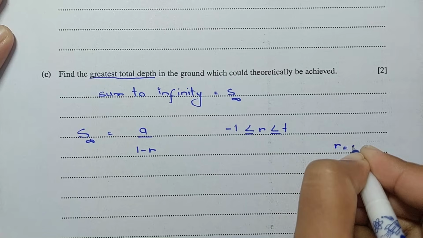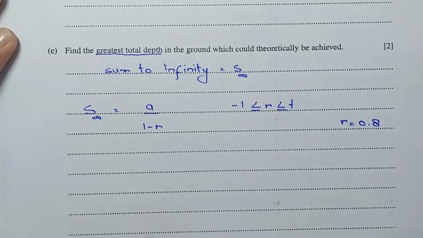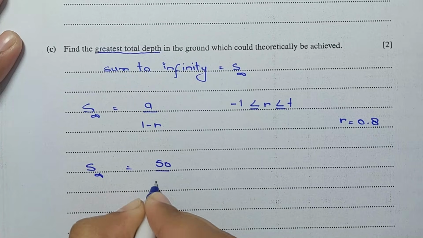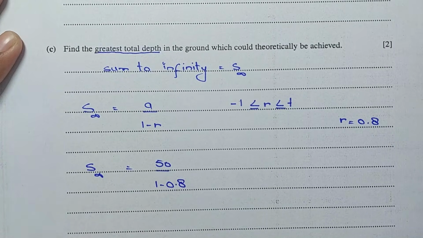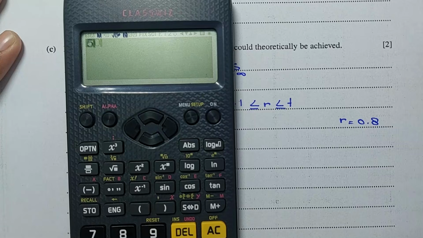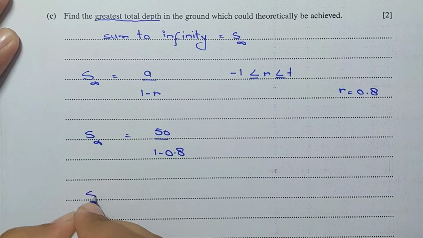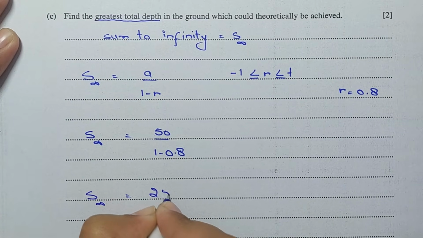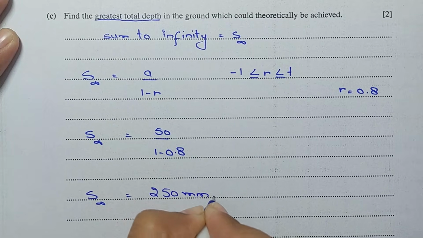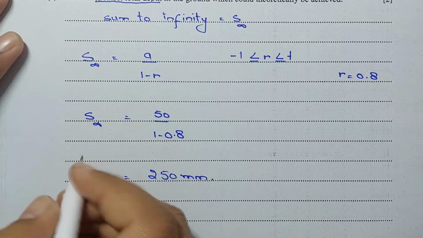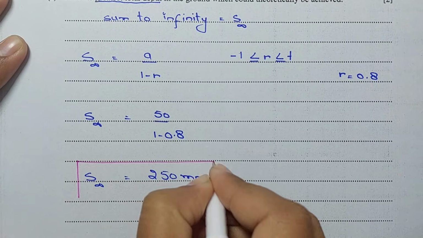We know that r is 0.8, so it is between 1 and minus 1. So simplify S infinity: a value is 50 divided by 1 minus 0.8, which is 250. So this is the greatest total depth. S infinity is 250 millimeter, which would be the greatest total depth theoretically achieved.